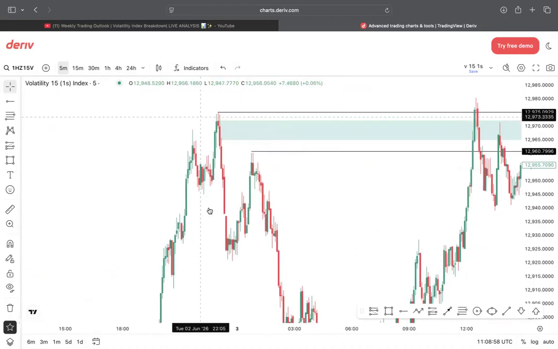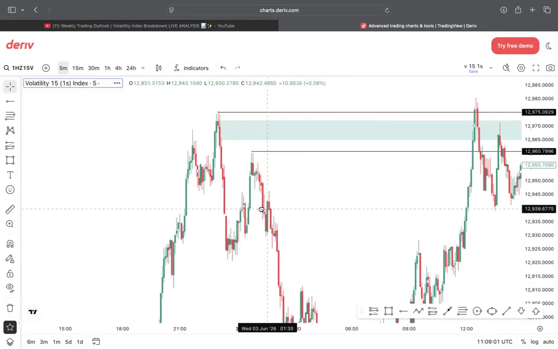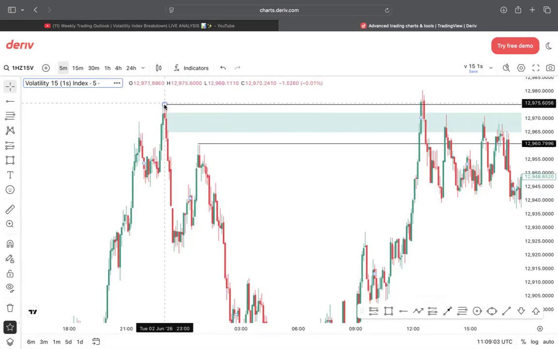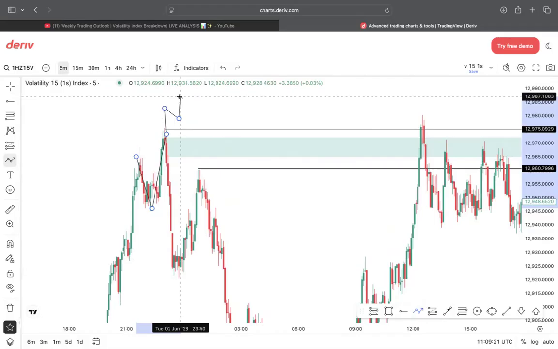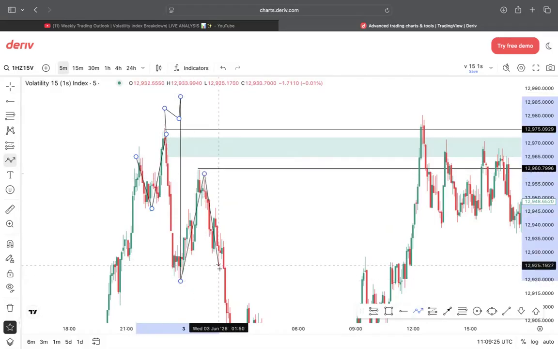You can see a sweep of the buy side liquidity, then a break of structure, which tells us that this is a liquidity sweep and not a change of character or a break of structure to the upside. If price did not break this structure to the downside, it would not have been valid. We'd just call it an uptrend. But price broke structure and gave us a very structural confirmation that this is a downtrend.